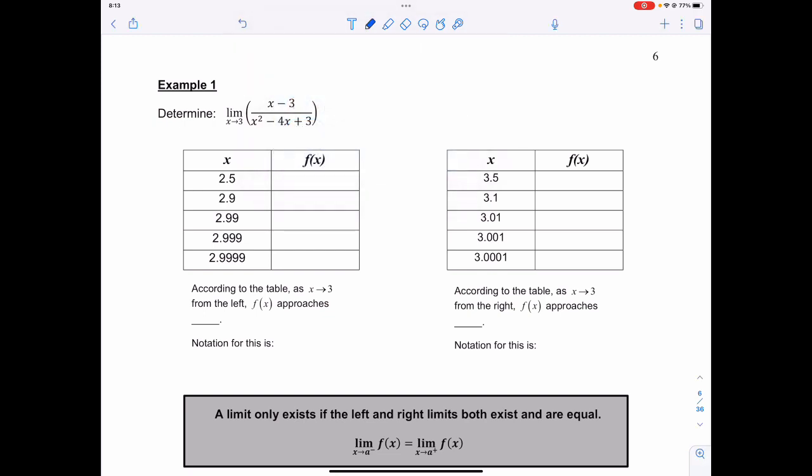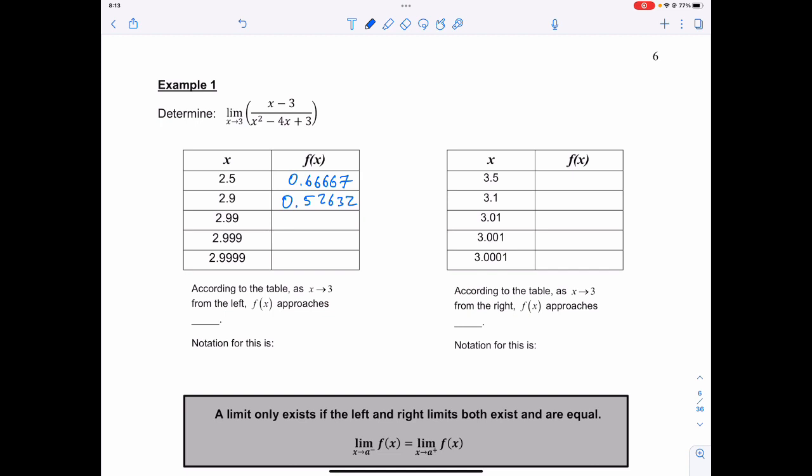If I substitute in 2.5 for x, then the function is equal to approximately 0.66667. If I substitute in 2.9 for x, I get 0.52632.